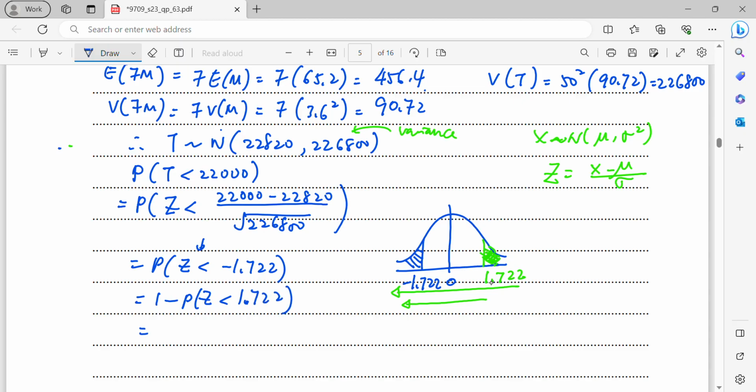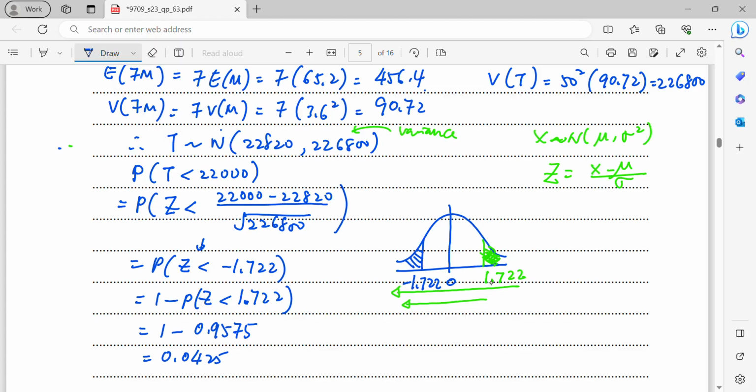Now I get P(z less than 1.722) from the table. It will be 0.9575. When you simplify this, it will be 0.0425. This is the probability to 3 significant figures.